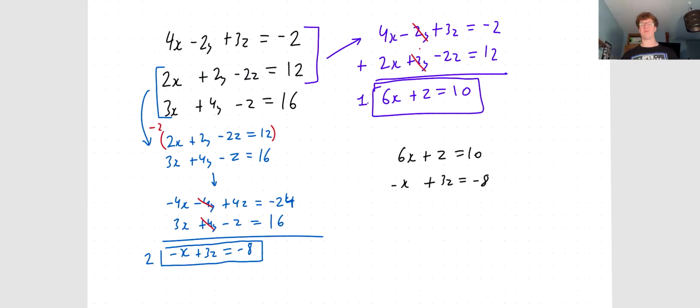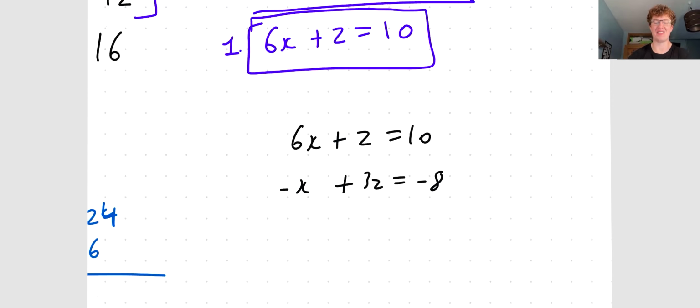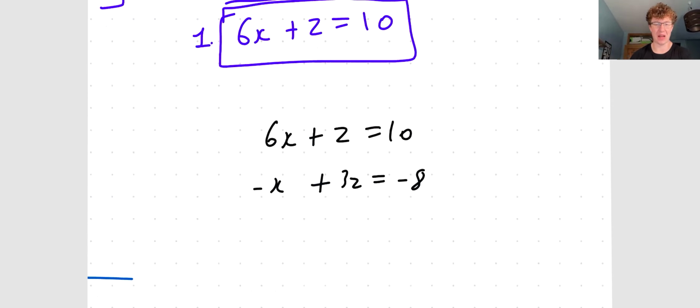Now we need to solve this. How are we going to solve this? Exact same method as before. We want to cancel either the z or the x's. I'm going to multiply this bottom equation by 6, because when I do that, I'm going to have a 6x up here and a minus 6x down here, and they're going to cancel.